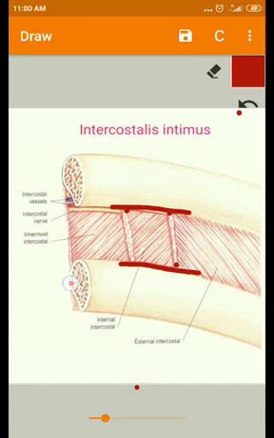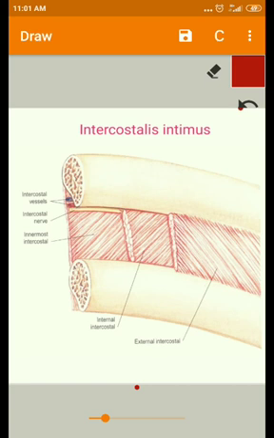It is stretching from the inner surface of the upper border of the rib below to the lower border of the rib above, that too on the inner surface. So the lower border of the rib above, along the upper margin of the costal groove. On the inner surface of the rib, we have the costal groove, isn't it? The costal groove has an upper margin and a lower margin.